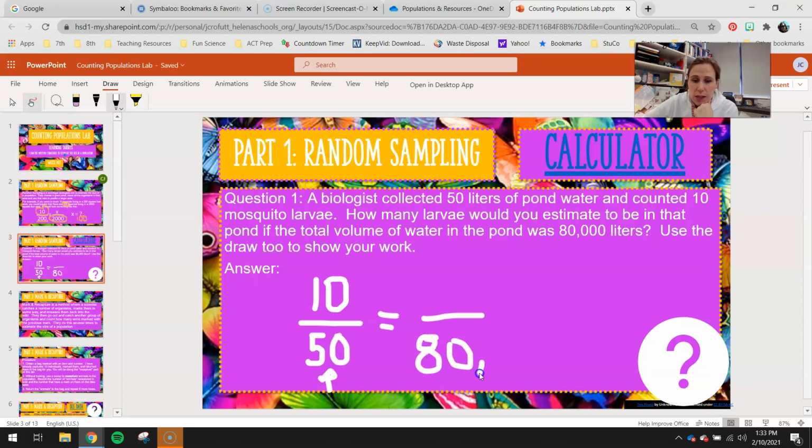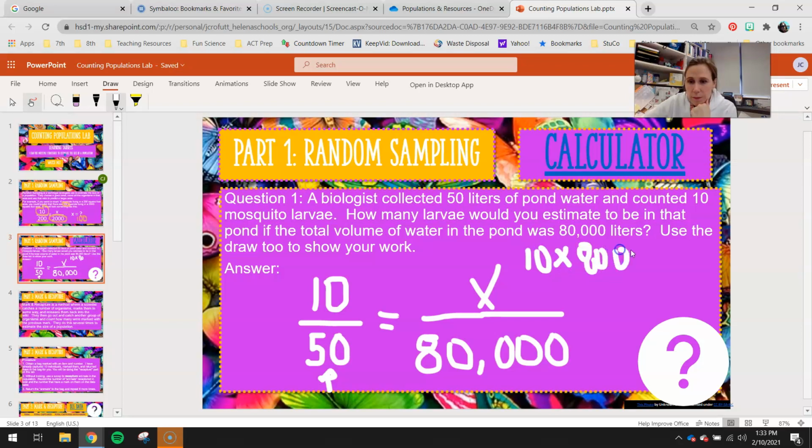As much as I encourage you to do mental math, those are some pretty big numbers to deal with. You will be solving for x. You would take 10 times 80,000, and then divide all that by 50.